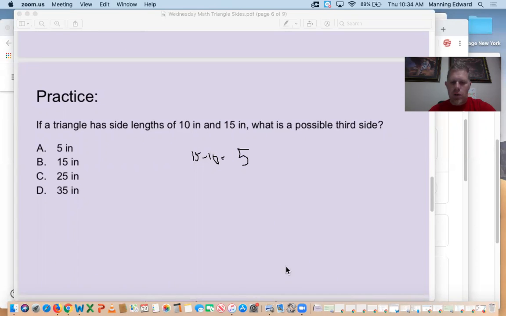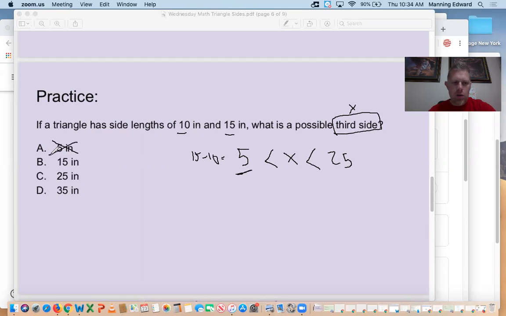And so then we know that it's got to be less than... My possible third side, I'm going to call x. And I know that it has to be less than 10 plus 15, which is 25. So that means it has to be bigger than 5.